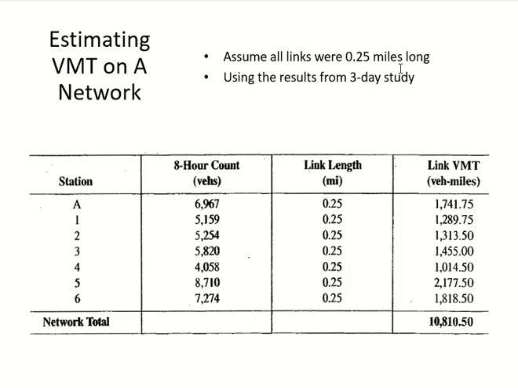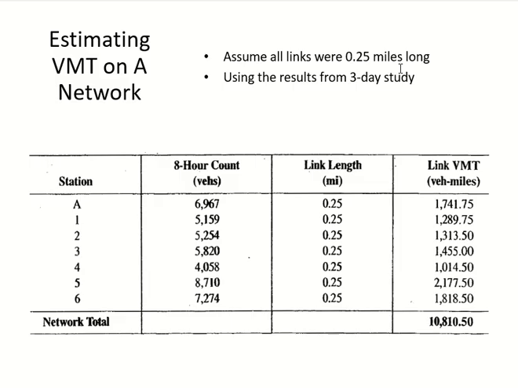Highway importance is because of two reasons. One is how many people are using it, and the other is how long it is. If the highway is long, that means it connects more areas, or it takes you to a place which is further. So they combine both of them and call it vehicle miles traveled or vehicle kilometers traveled.